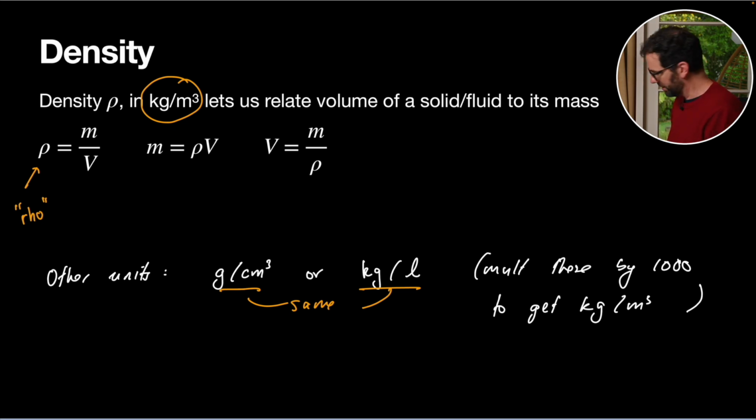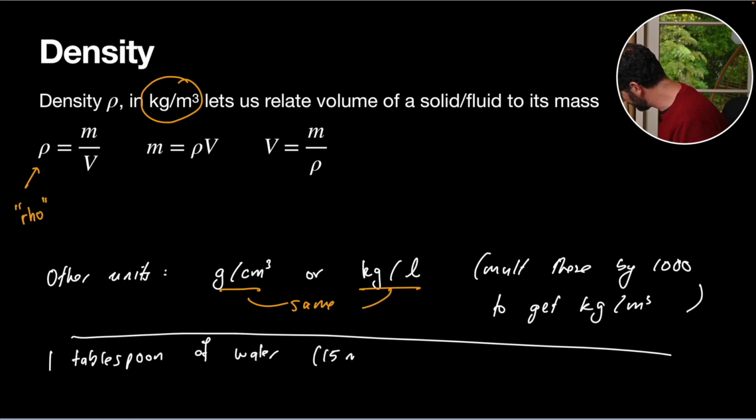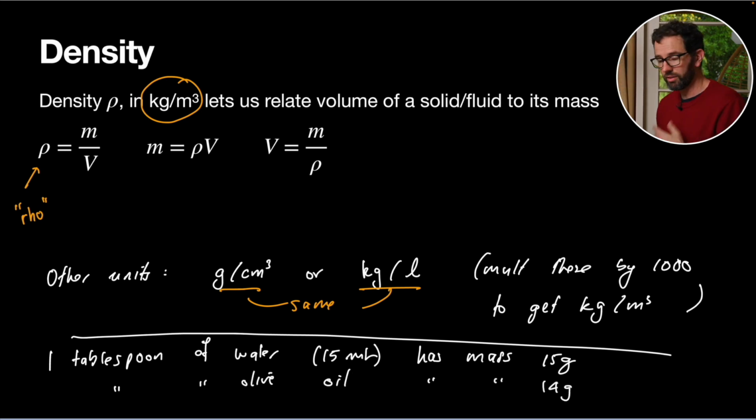Okay, so for example, one that you might have come across, e.g. 1 tablespoon of water, which is 15 mils if you're in New Zealand, has mass of 15 grams, but 1 tablespoon of olive oil only has mass of about 14 grams. That's because olive oil is less dense.